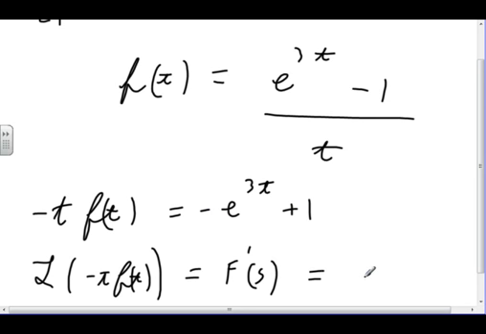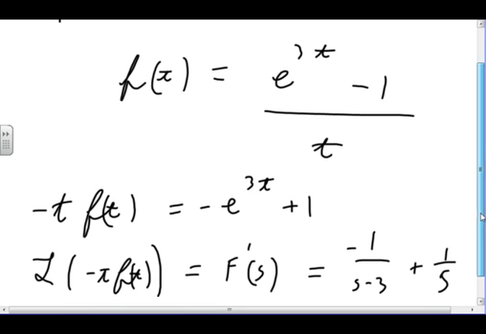And then that's going to equal 1 over s minus 3, minus 1 over s minus 3 plus 1 over s. What am I supposed to be doing here anyway? Find the Laplace transform. Okay.